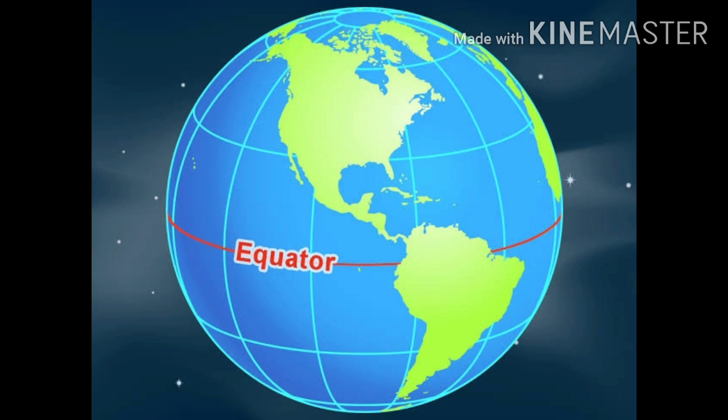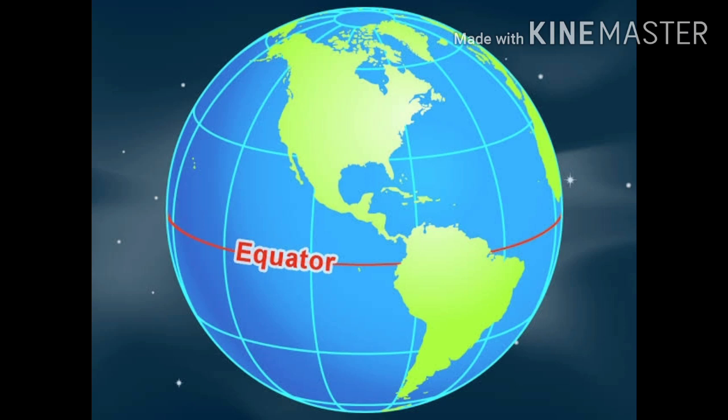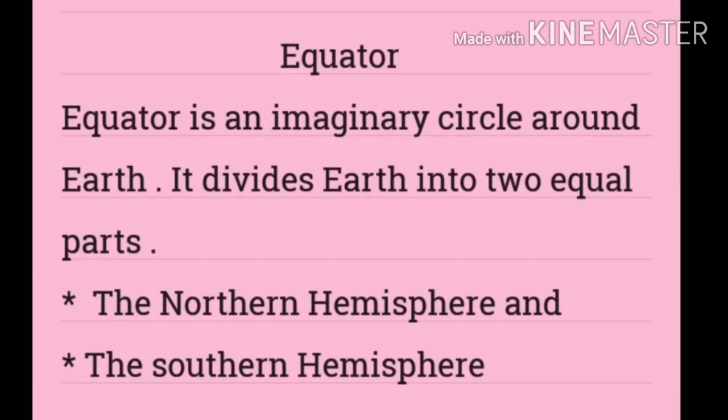That imaginary line is called the equator. The definition of the equator is an imaginary circle around the earth. It divides the earth into two equal parts, the northern hemisphere and the southern hemisphere. This line is very important, means the equator is a very important reference point to locate places on the earth. It is very helpful in locating in which direction a certain continent or country is located.